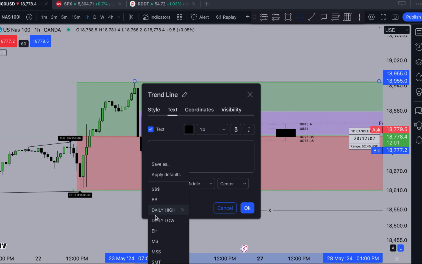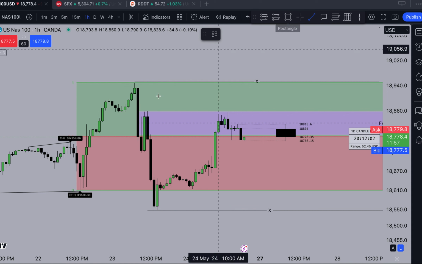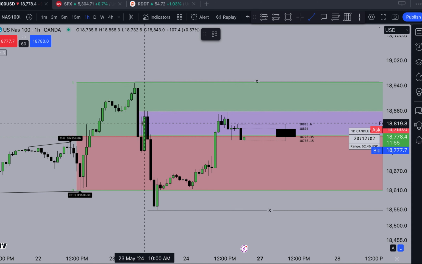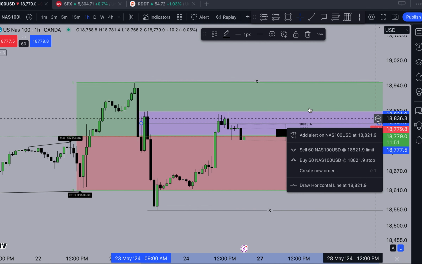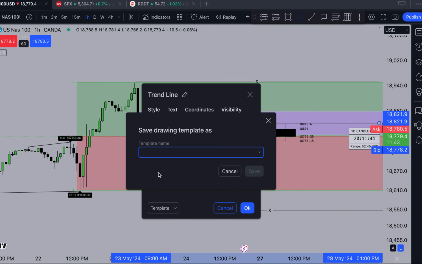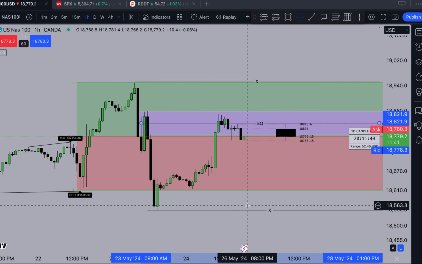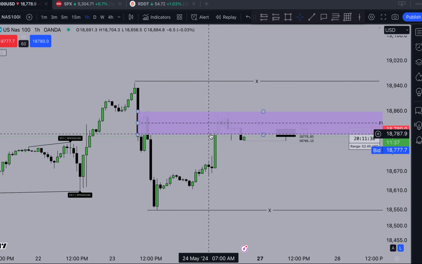And then right here, we have the equilibrium. The equilibrium is important because it shows the premium and discount of the PD array.